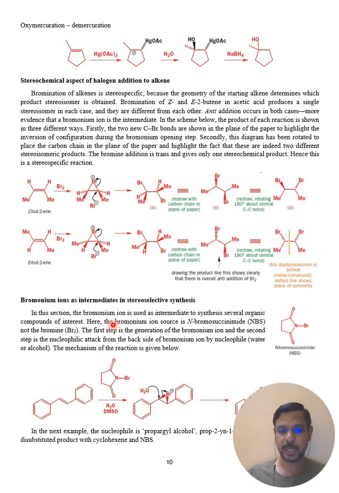Then bromonium ion as an intermediate in the stereoselective reactions, right? So there are stereoselective reactions, as I said. So in this case, you take an alkene and add bromine, okay, bromonium ion, bromine here. So there is a 50-50 chance of making a stereoselective product.